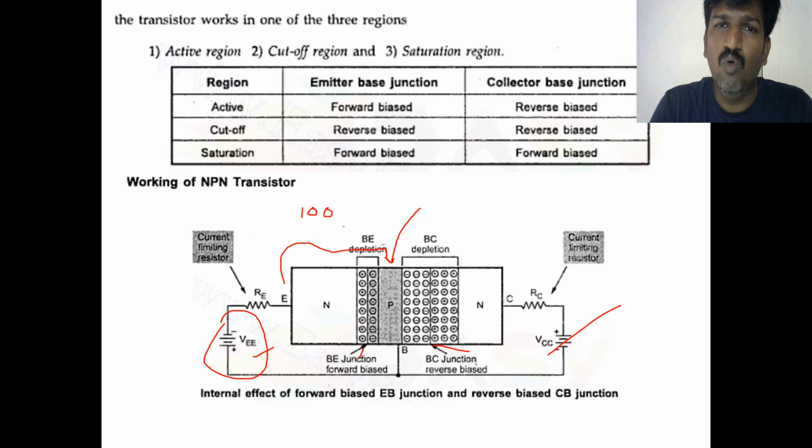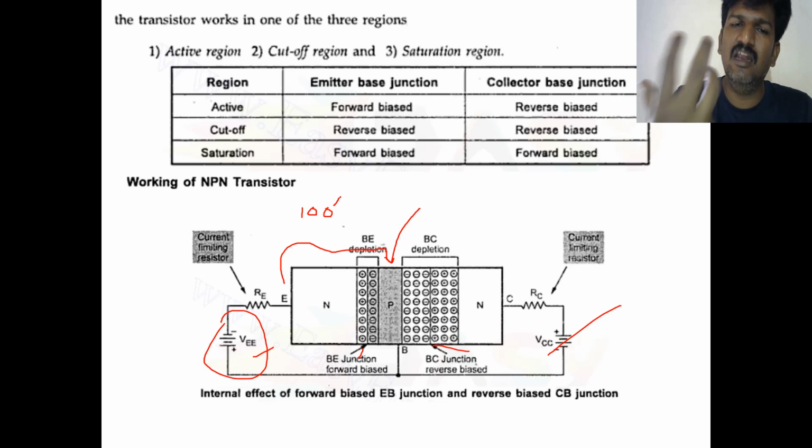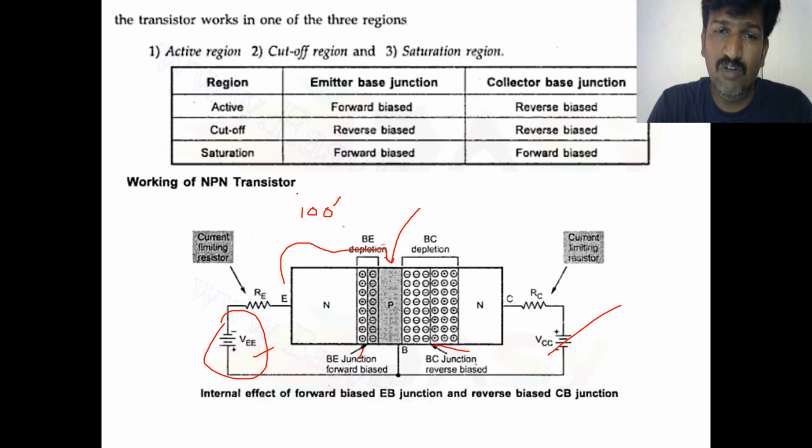Holes. Holes have positive charge, electrons have negative charge. Out of 100 electrons, let me consider only 10 electrons are going to recombine with the holes of the p-type material.